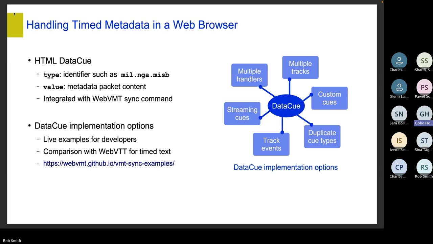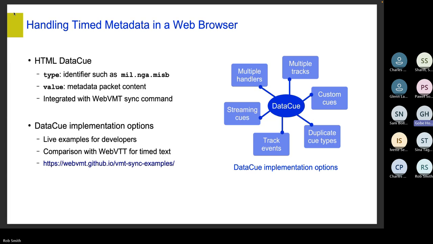So the net effect in the page may look the same, but under the surface, it's working in a different way. And developers should know how to open the console log in their browser, and they will be able to see the difference, how these different examples are working. There's about a dozen of them, I think, now.